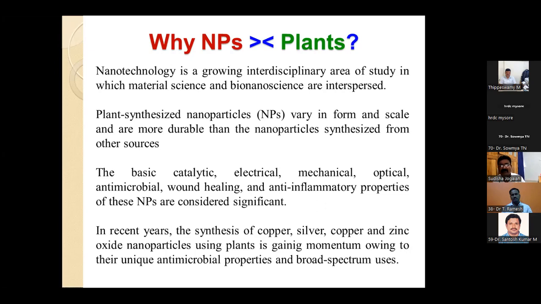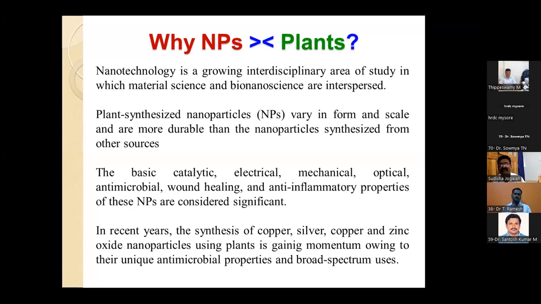With this background, since we come from the southern parts of India, we have the major belt of the Western Ghats, a luxuriant area where medicinal plants are abundant, and we need to utilize these plant materials for application. Why can't we try with the nanotechnology aspect?